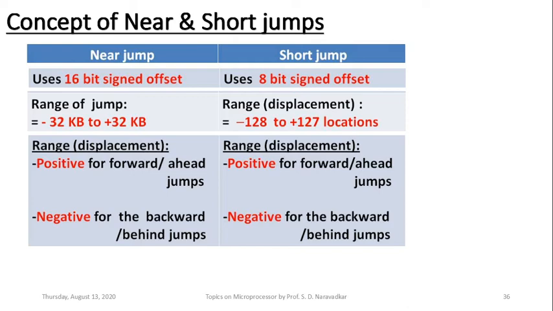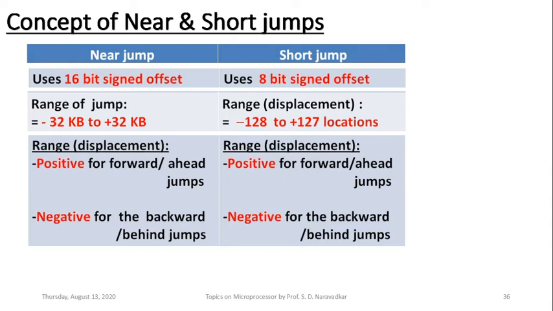So whenever we say that the processor is taking a jump to a location of minus 15 kilobytes, it clearly means that it is a near jump, and it is taking a backward jump of minus 15 kilobytes with reference to the current contents of the instruction pointer. So this is the case of backward or behind jumps.